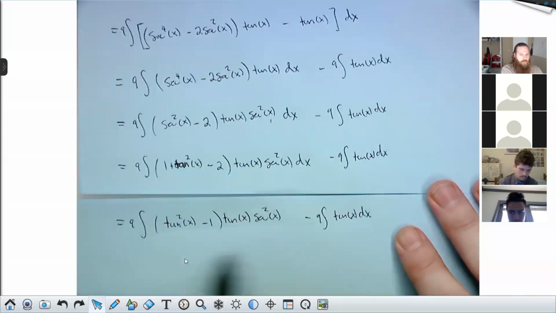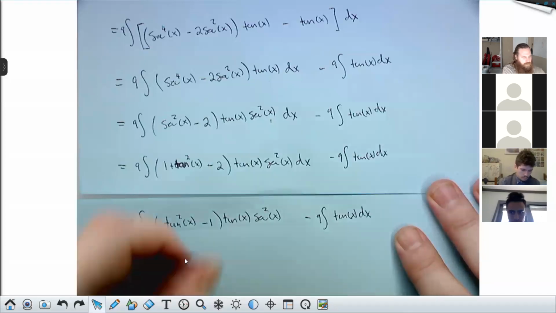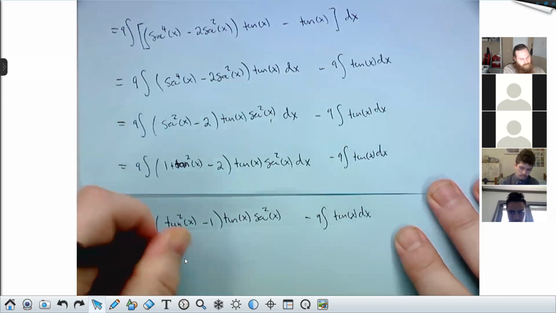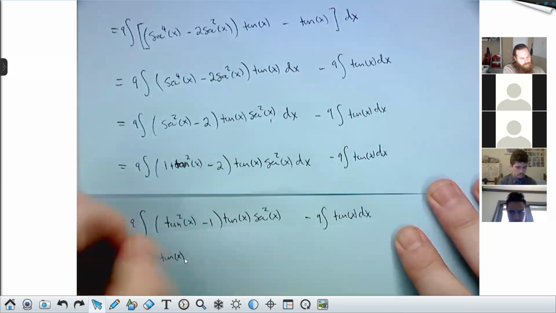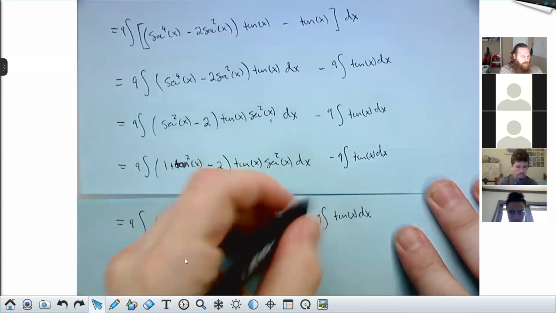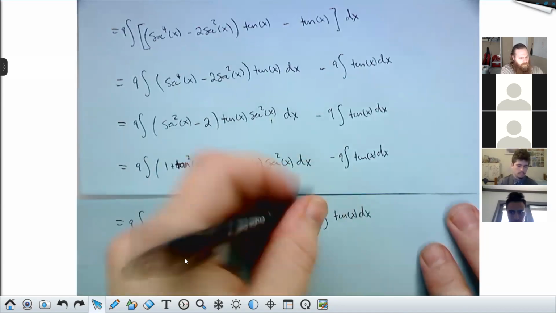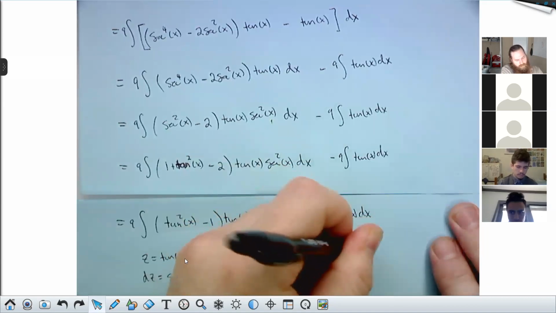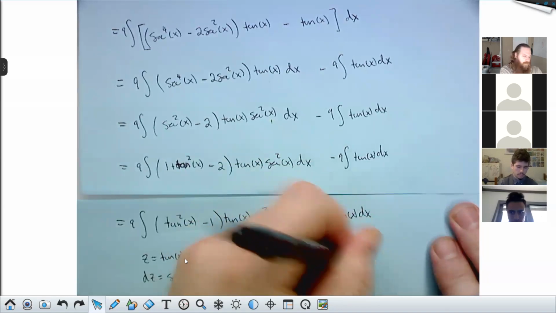In the first integral, I'll substitute z equals tangent x. dz is then secant squared x dx. Over here, this 9 integral tangent is the same as 9 integral sine x over cos x dx.